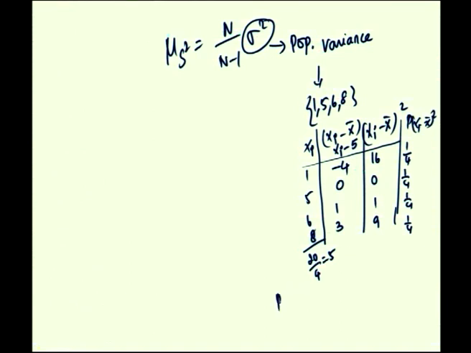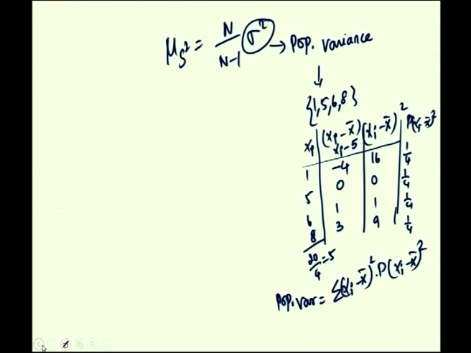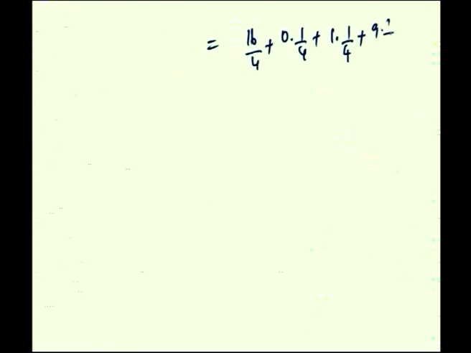Therefore, the population variance is the summation of xi minus x bar whole square into the corresponding probability, which is equal to 16 by 4 plus 0 into 1 by 4 plus 1 into 1 by 4 plus 9 into 1 by 4, which is equal to 26 by 4.